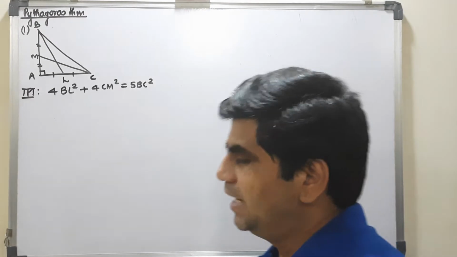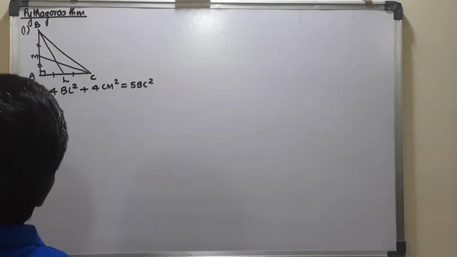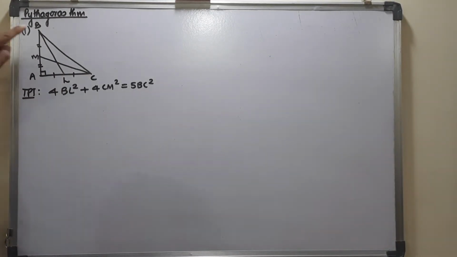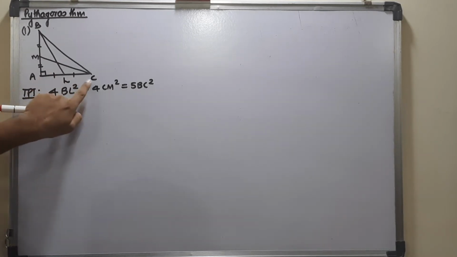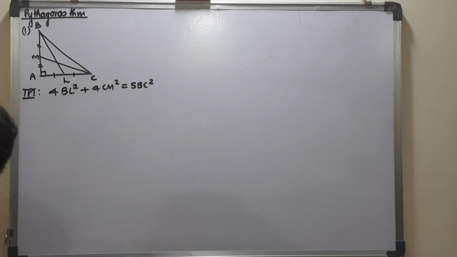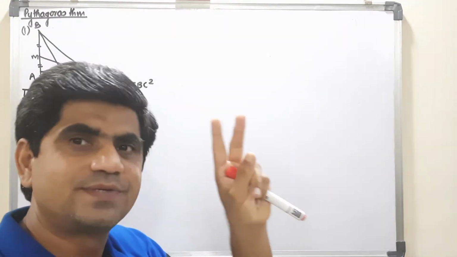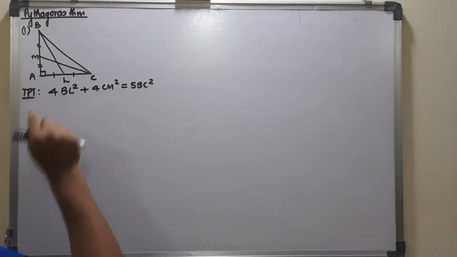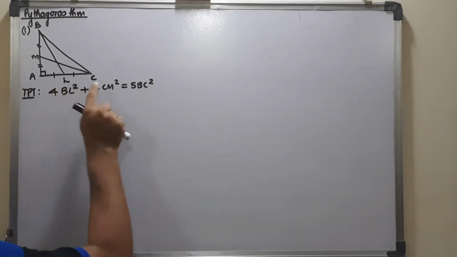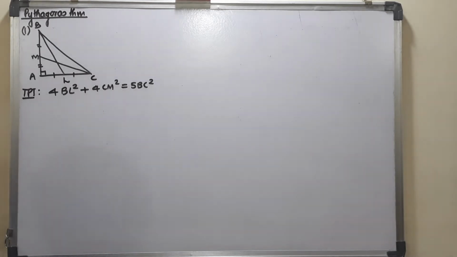Okay? And since they are medians, that means this point L is dividing AC in exactly two segments of same length. That means length of AL and length of LC is same.